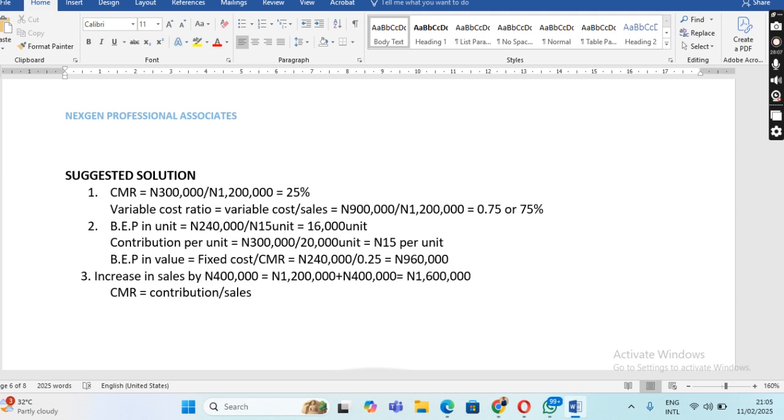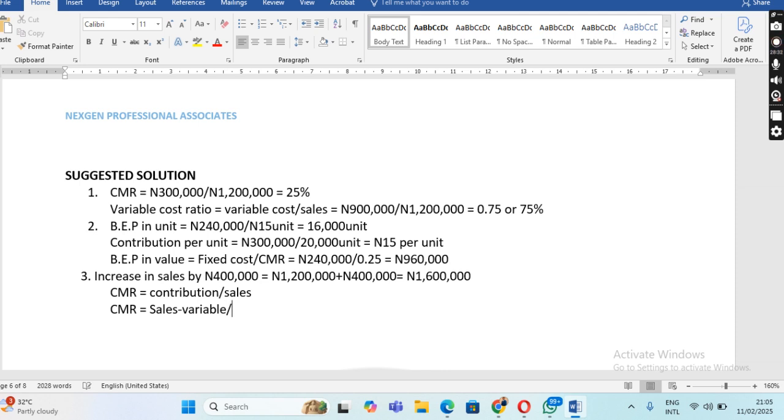In this case, we can as well have CMR equals contribution divided by sales, where your contribution is your sales minus variable cost. Prince actually mentioned that we should use variable cost ratio, and we'll use it.